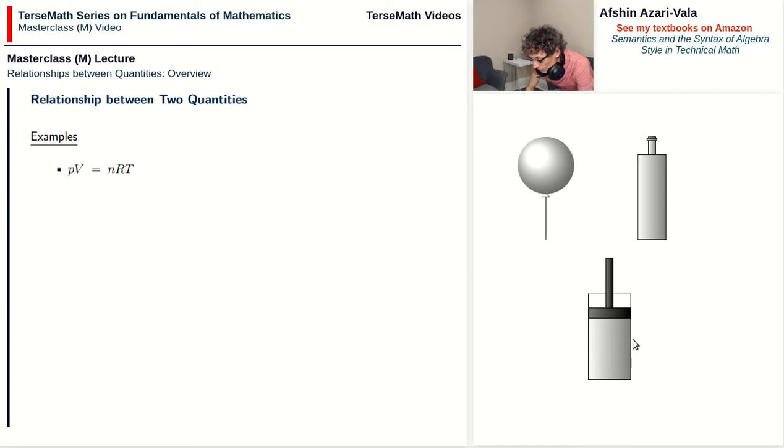It could be this kind of a system. If it's sealed and the mixture of fuel and air cannot escape, then N is constant. And we can also keep the temperature constant by, again, putting that in water and keeping the water at a constant temperature.